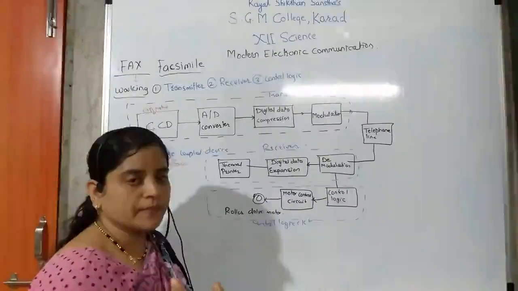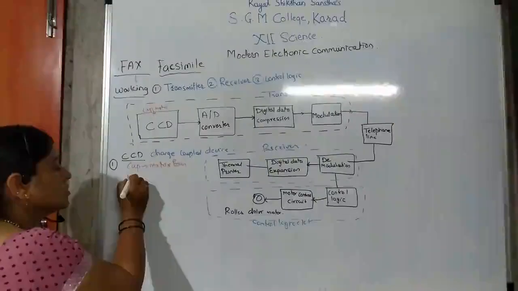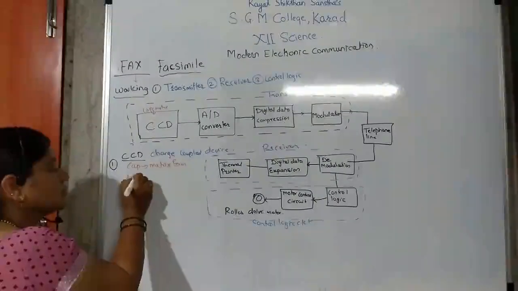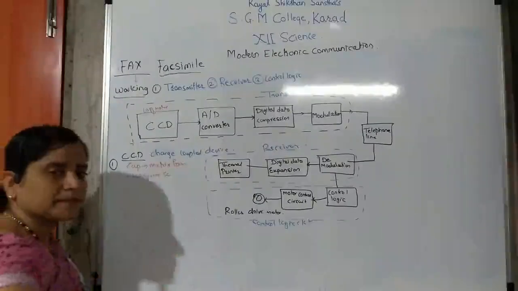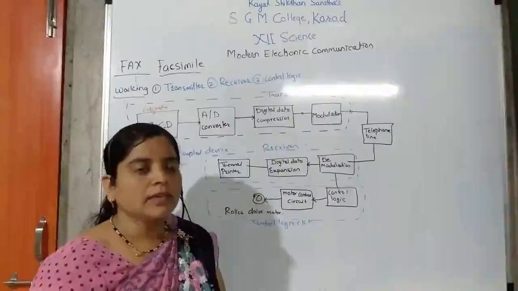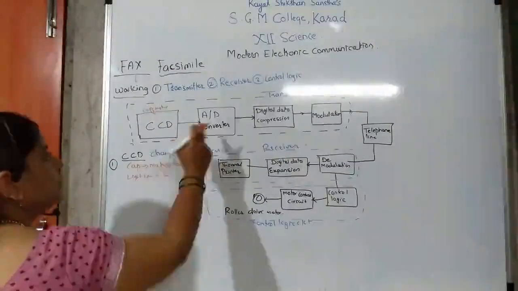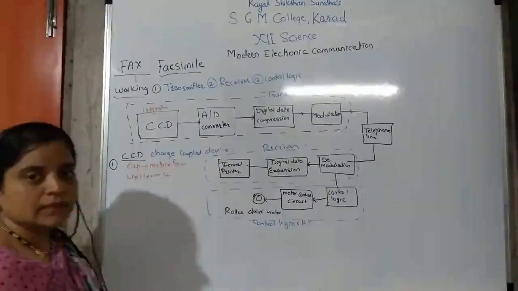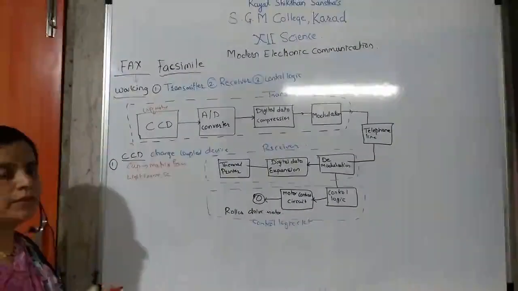CCD is a light sensitive semiconductor device, and it catches the signal, converts it into an electrical signal and gives it to the A to D converter.